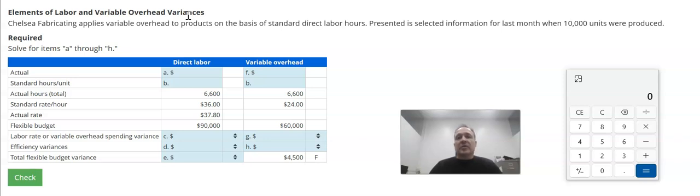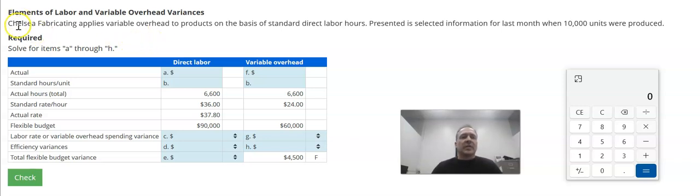In this particular scenario, our variable overhead rate that we're going to be applying is based upon direct labor hours, and they tell us that. So that's why we're limiting our view here to just a labor and variable overhead variance, and not looking at anything such as fixed overhead costs or materials if they were to apply, and so forth.